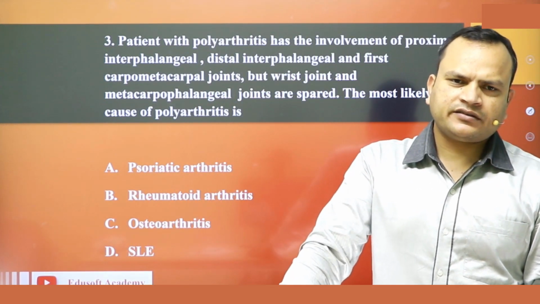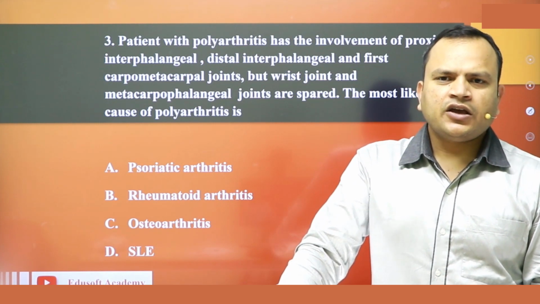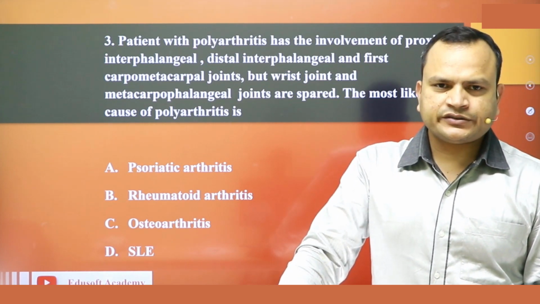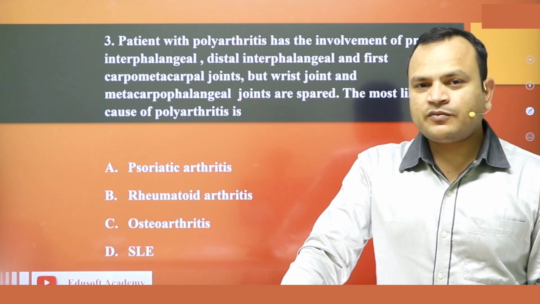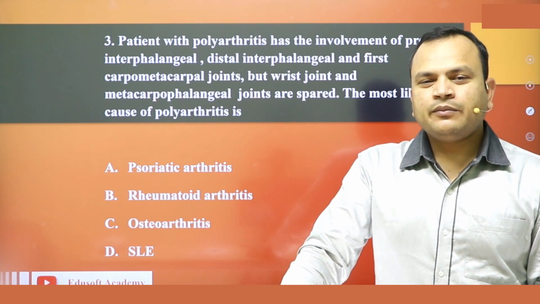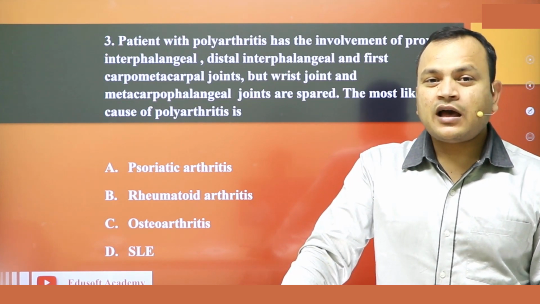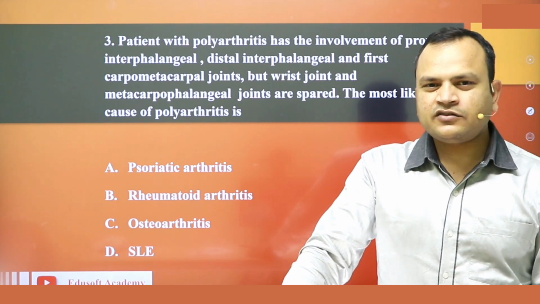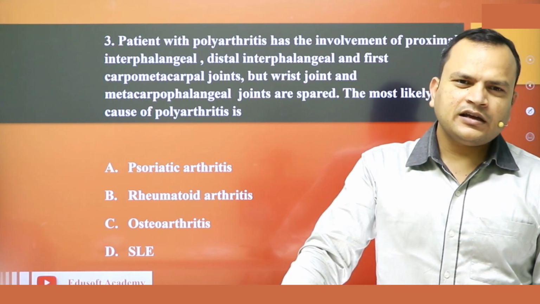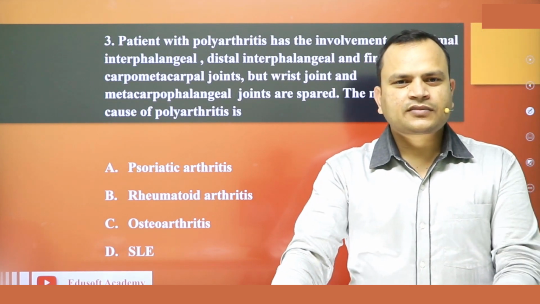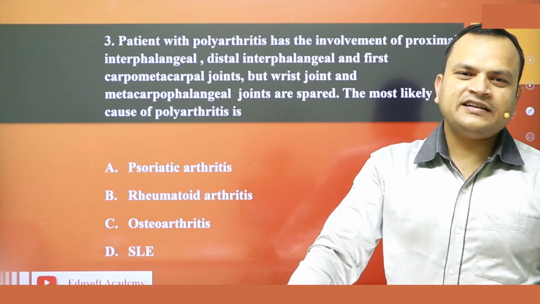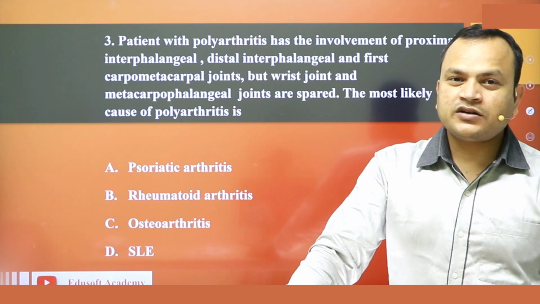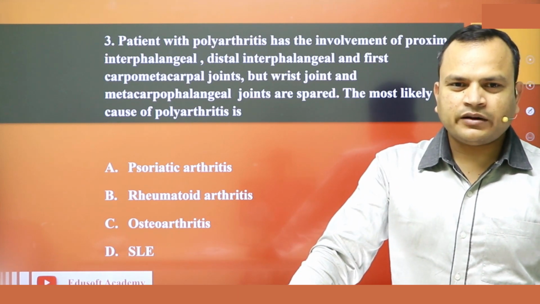In psoriatic arthritis, usually the DIP joints are involved. In rheumatoid arthritis, it is usually the PIP and MCP joints, and also the wrist joint is involved. In osteoarthritis, the most commonly involved joints are the DIP and the carpometacarpal joint of the first ray, or the thumb.